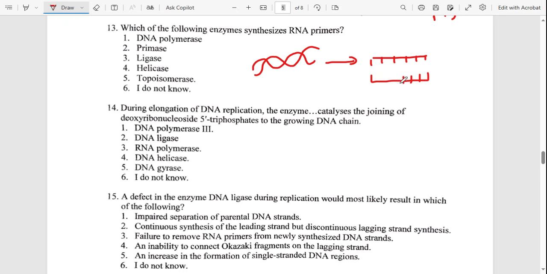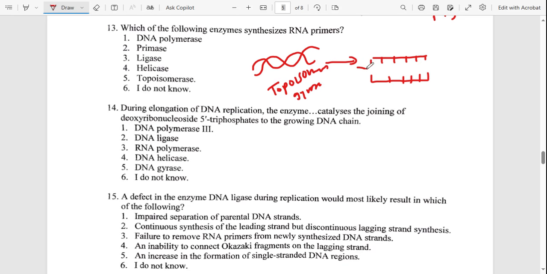So we have removed the supercoils. The enzyme that removes the supercoils, we call it DNA topoisomerase. The other name for topoisomerase is DNA gyrase. Gyrase to remove supercoils.